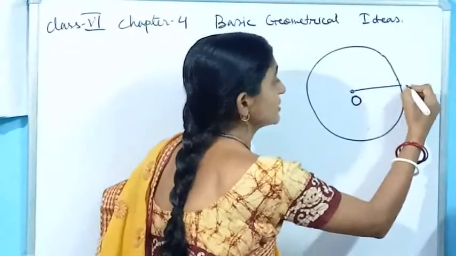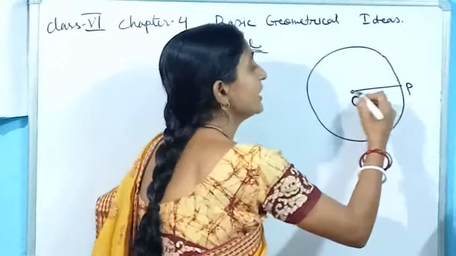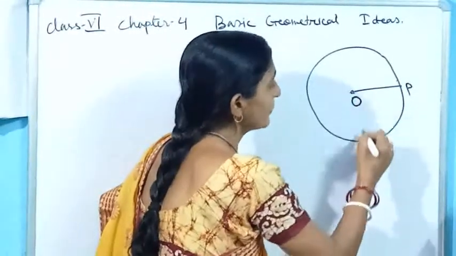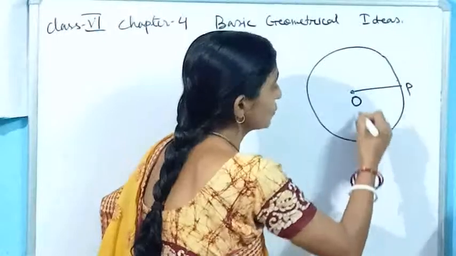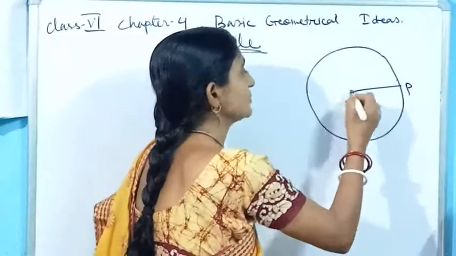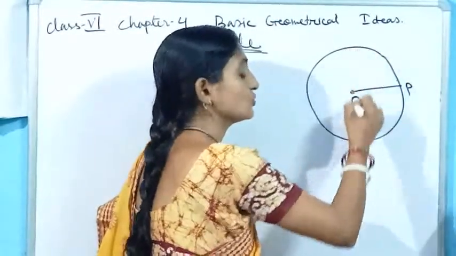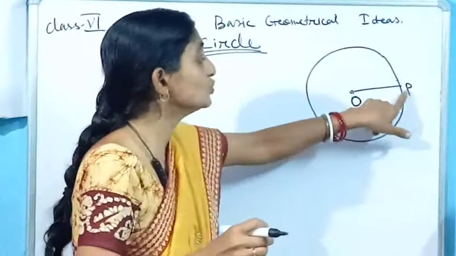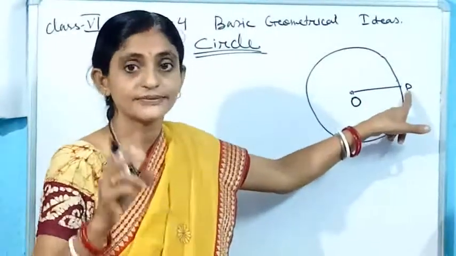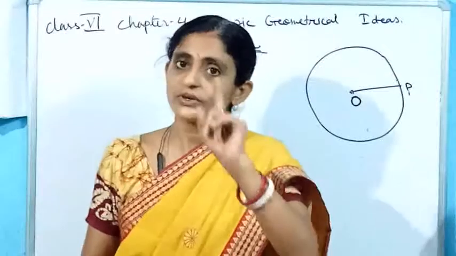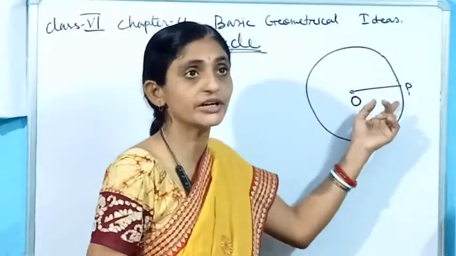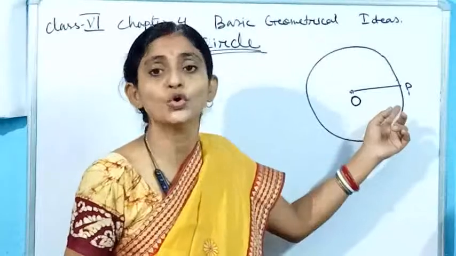That distance is the same for all the points. If I measure these two also, it will be the same, and from here to that part also the same. So the distance from the center to the curved line is fixed and it is called the radius. For that particular circle it will be fixed. This is called radius. So here the radius of this circle is OP.